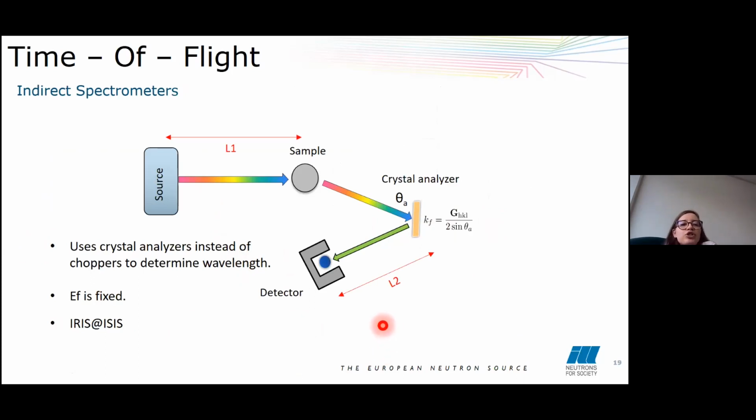The incident energy is calculated by time of flight between the source and the detection of the neutron after being analyzed. So one example of this kind of spectrometer is IRIS at ISIS, which we're going to discuss a bit later when we talk about backscattering.